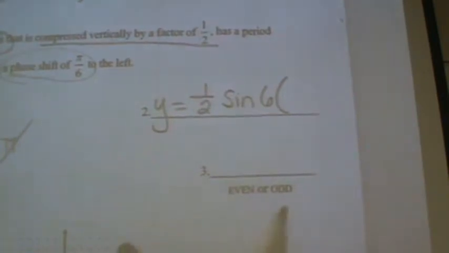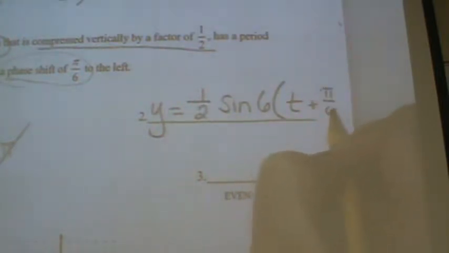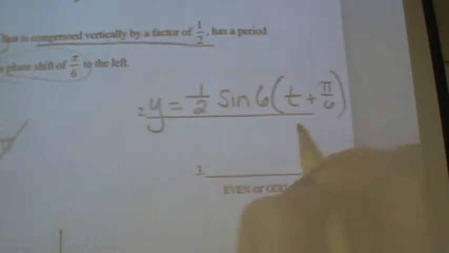So if it's to the left, what do I do? You add it. You add pi over 6. If it said to the right, it would be minus. Now this doesn't say up or down, so you don't have to have anything added after the parenthesis.